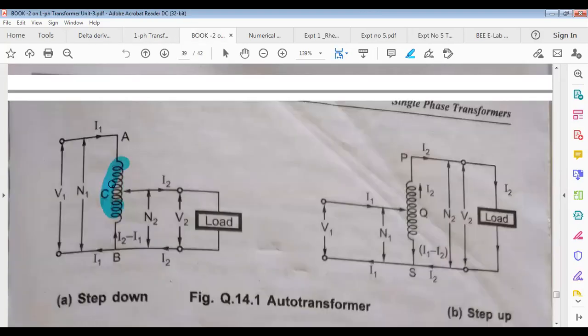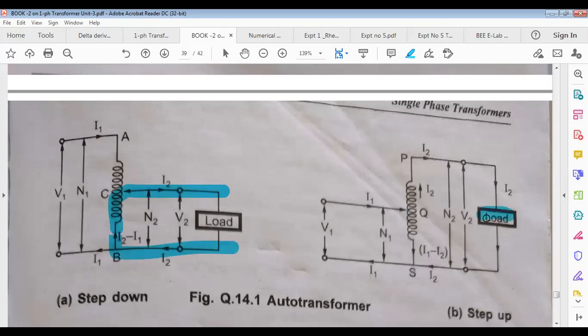So a few turns of it. Suppose 2 types are there. This is the step down and this is the step up auto transformer. Now why is this one step down? Because all of you can see all turns are there on the primary here, and very few turns are there on the secondary. This only. Less turns are there on the secondary. That's why it's a step down.